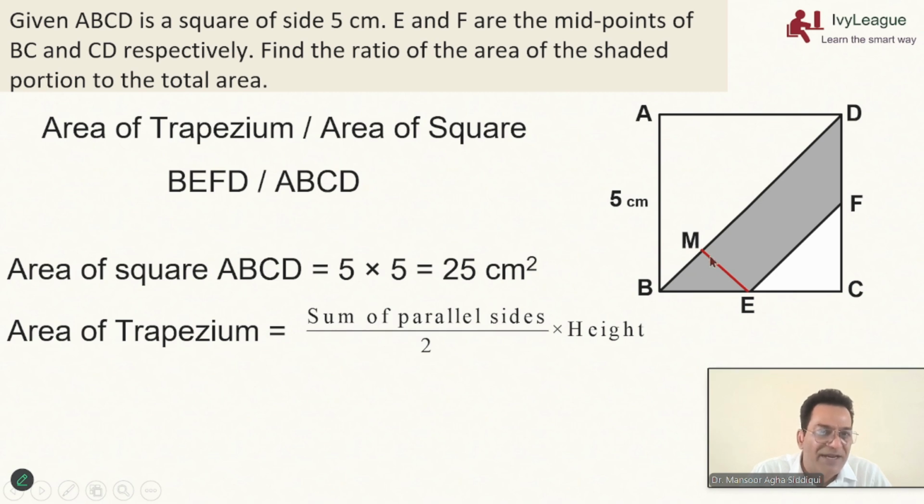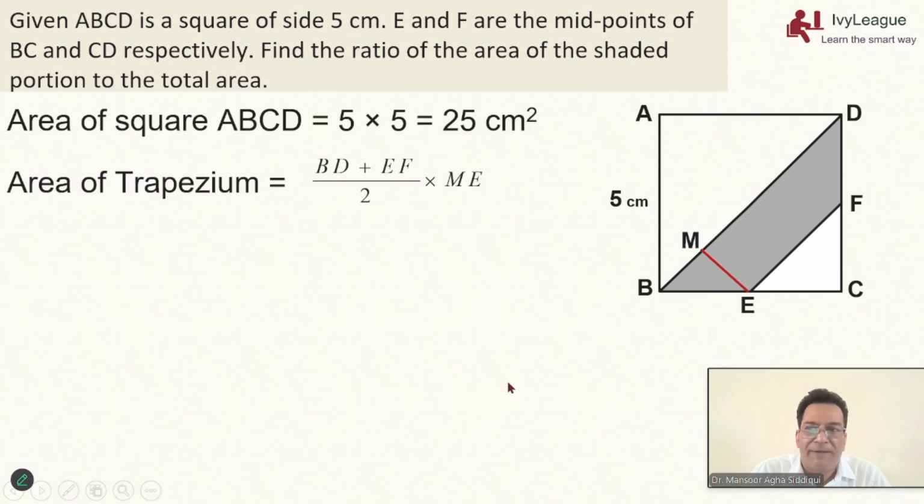It makes a 90-degree angle here and it touches the point E, which is the midpoint of B and C. So (BD plus EF) upon 2 multiplied by the height ME. This is the actual equation.